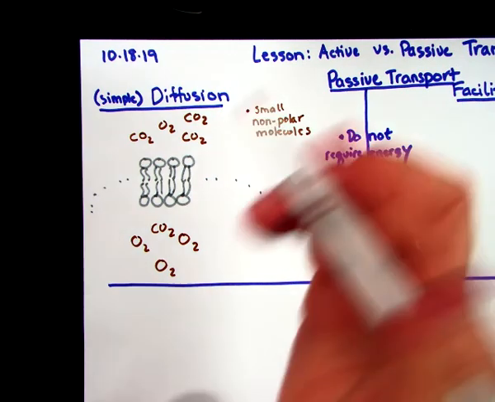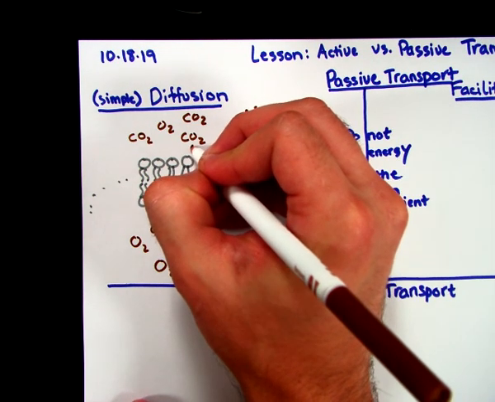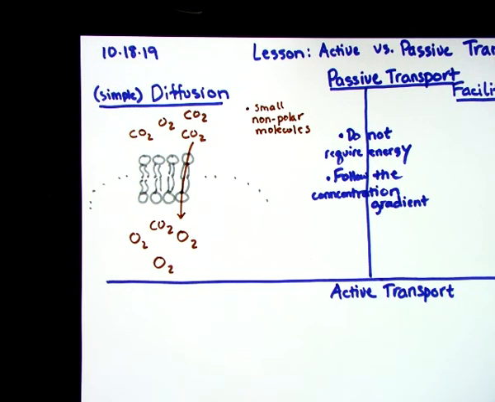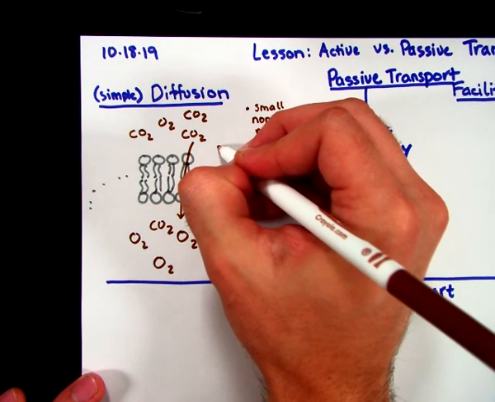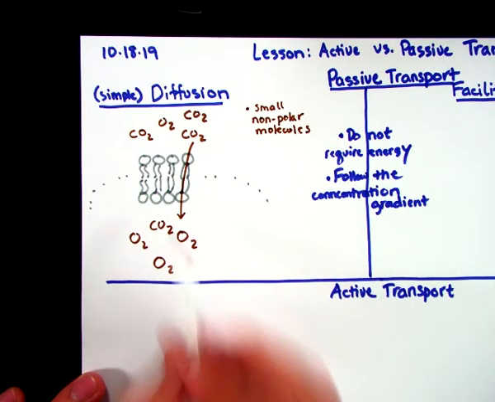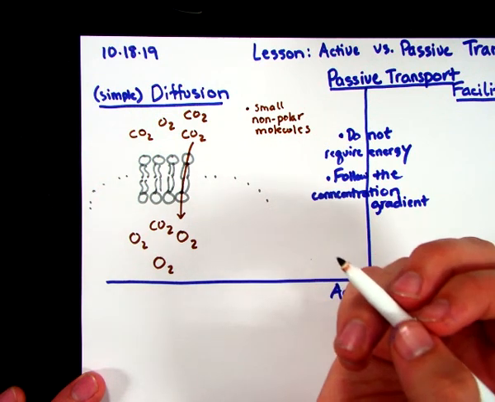So they're going to go in a particular direction. Carbon dioxide will diffuse in that direction because carbon dioxide is high on this side and low on this side. Right? So carbon dioxide will diffuse until equilibrium is reached.